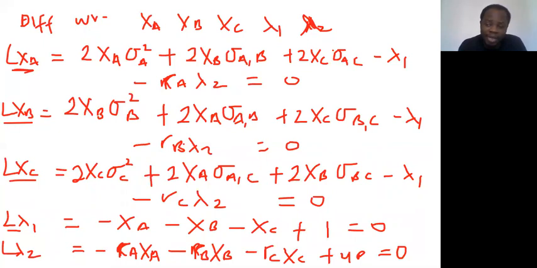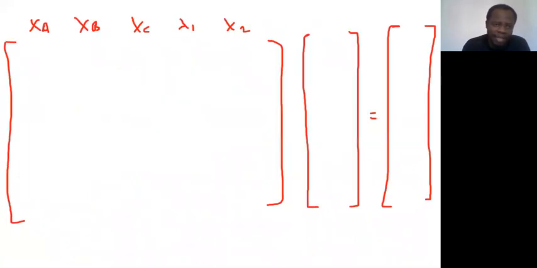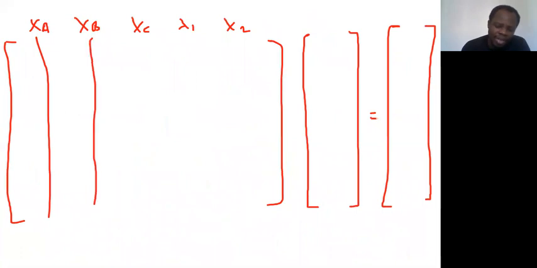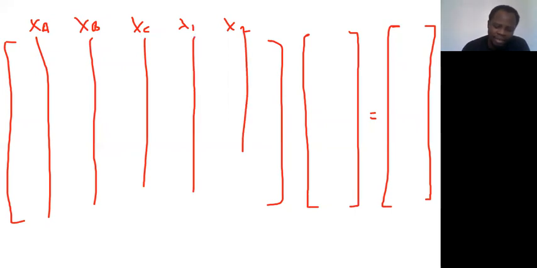I just want to write this in a matrix form. So when you look at the diagram that I've done, any component with xA should fall under this section, and any component with xB should also fall under this section, and any component with xC should fall under this section, and any component with lambda 1, lambda 2 should also fall under this section. Great.